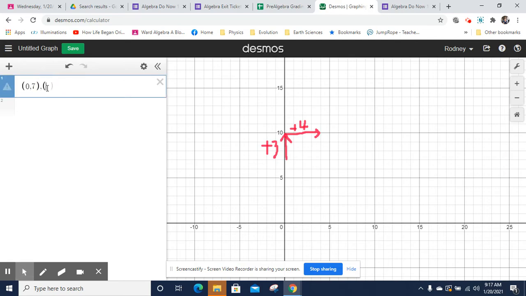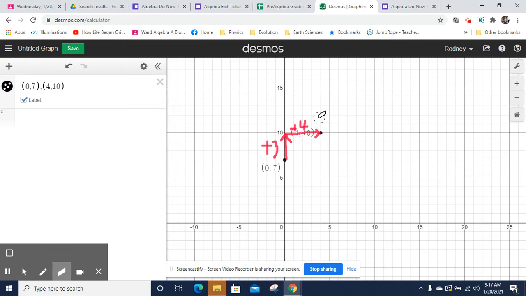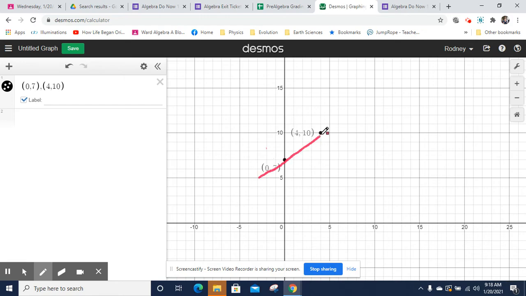So now we have (4, 10) as another point on that line. Let me erase my drawing so you can see those 2 points. Once we've got all of that, now we can just draw a line through these 2 points. You'd want to get a straight edge, and my draw tool doesn't actually give me a straight line option, but you draw a line right through those 2 points.